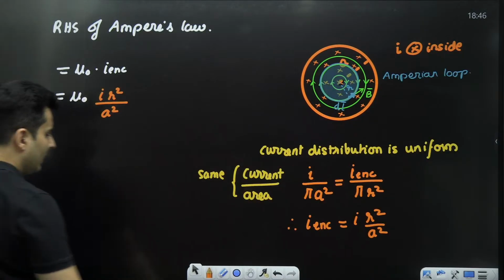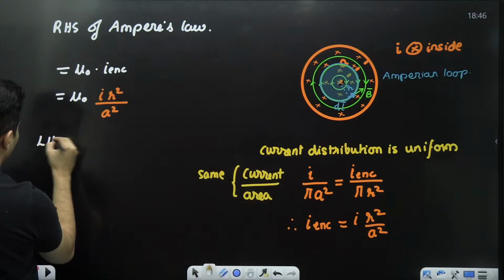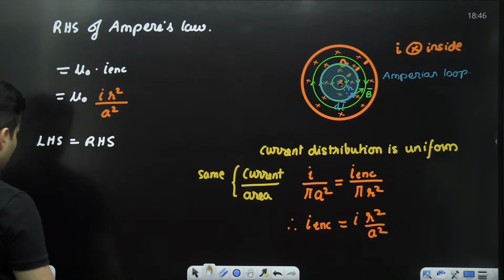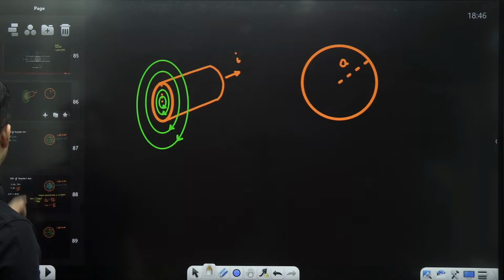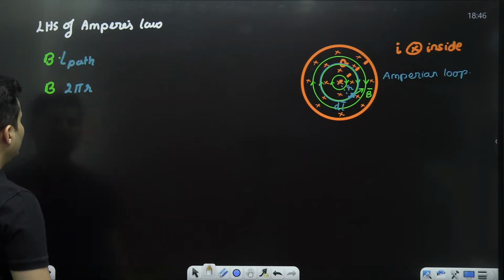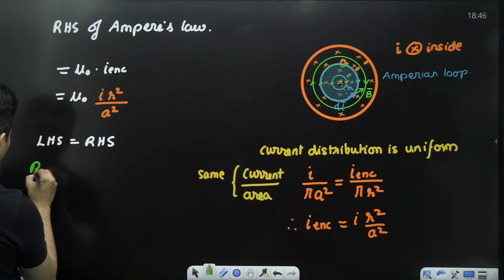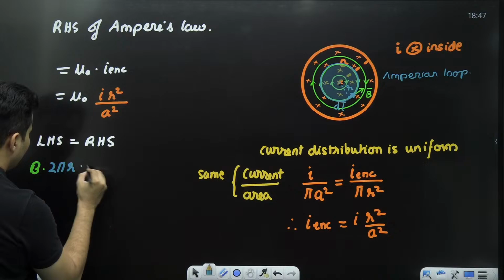So combining LHS equal to RHS now. LHS was B into 2 pi r. LHS was nothing but the magnetic field multiplied by your 2 pi r.